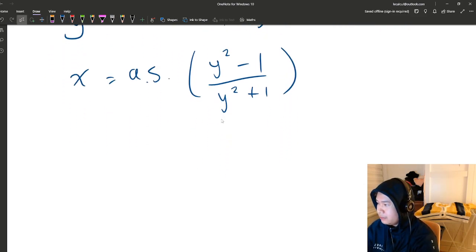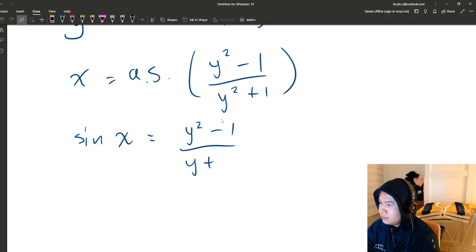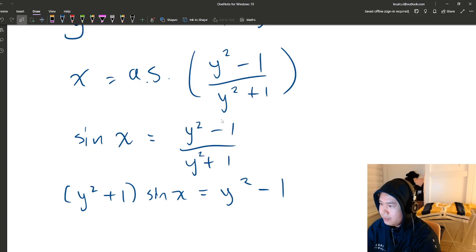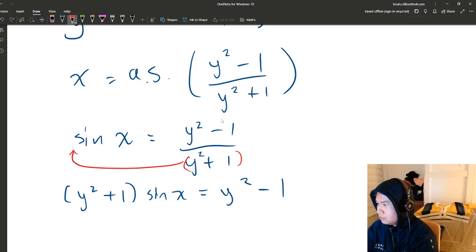Okay, and then we solve for y, so take the sine. This means that sine of x is this stuff. Multiply the denominator over. This is a pretty standard finding of the inverse.